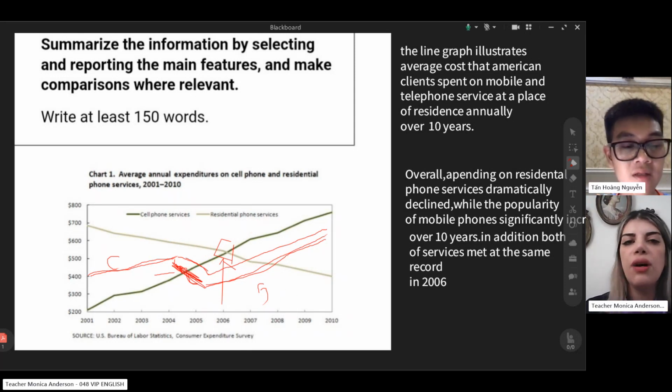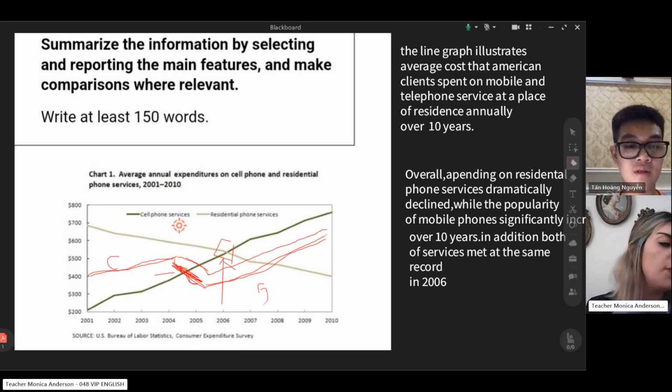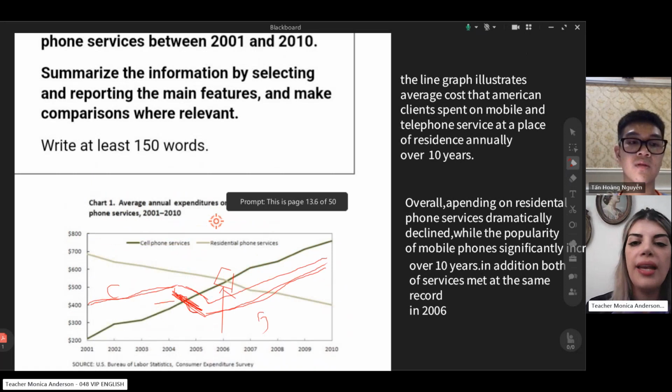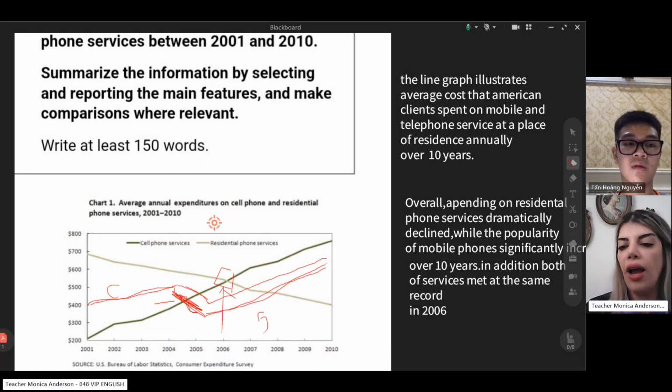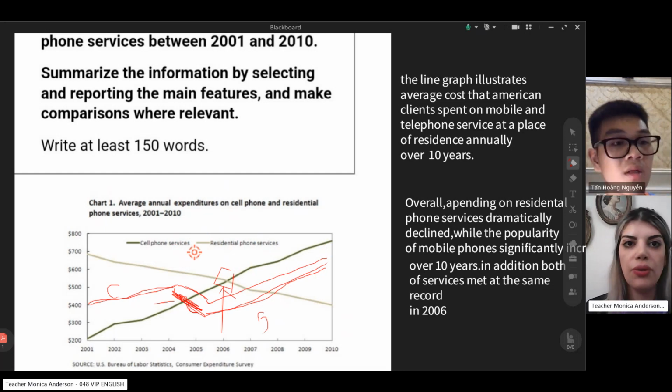Just you need to compare 3 of them. So let's do something. Of course, I need another line, to make 3 lines, maybe 3 or more, to write an overview. But do you want me to do this now?